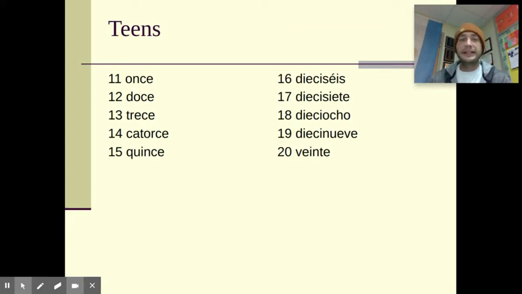As we move up to our teens, these are when things get a little bit trickier for a lot of students, a lot of people in general, as the 1 through 10 tends to be a little more familiar and common. But here we have 11, 12, 13, 14, 15, 16, 17, 18, 19, 20. Now, you might be wondering, why am I writing all of these down?